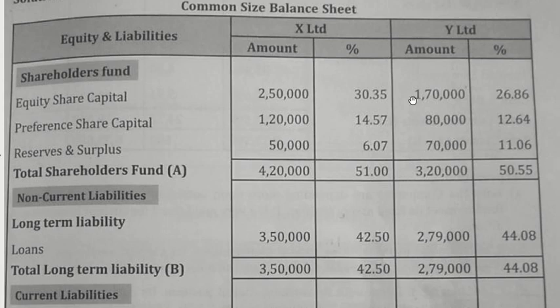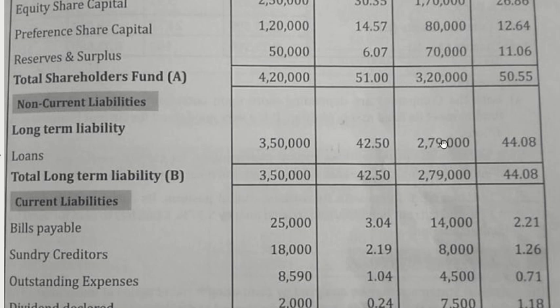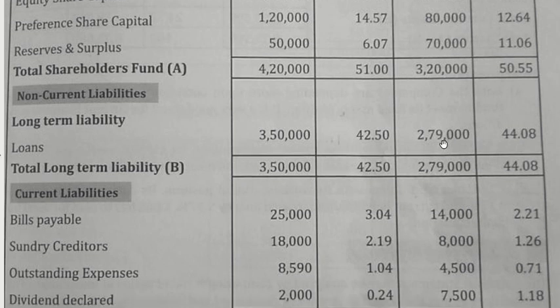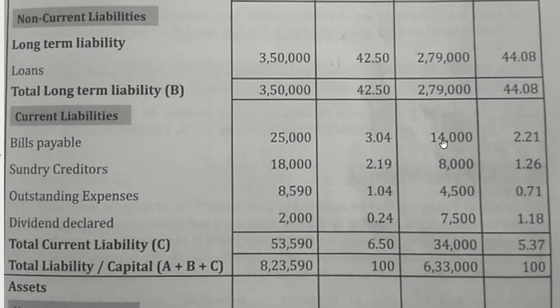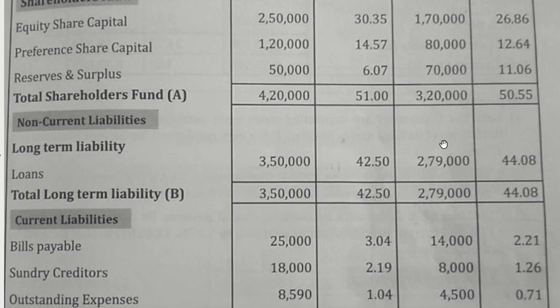So 1,70,000 divided by 6,33,000 into 100, you get 26.86. Preference share capital 80,000 divided by 6,33,000 into 100, which is 12.64. Reserves and surplus 70,000 into 6,33,000, which is 11.06.